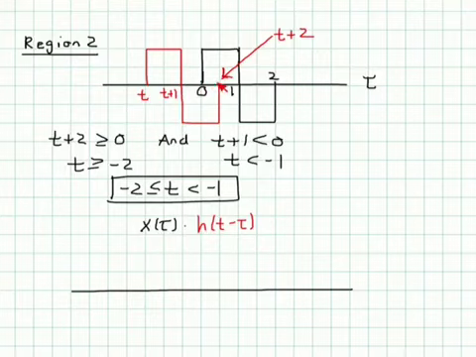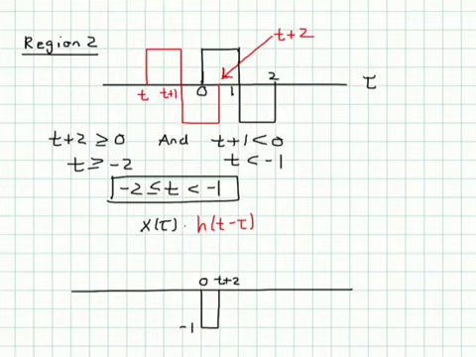It's only in this region between 0 and t plus 2 that I get anything. In that little region, I get 1 times minus 1, which is minus 1, and that will be true for every point in this region. So that's my sketch of x of tau times h of t minus tau.